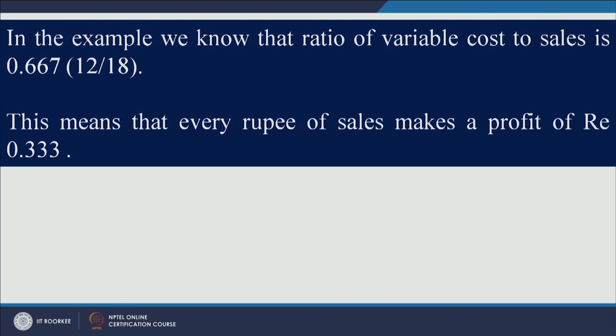This is the ratio of cost to sales. In other words, for every rupee of sales we make a profit of 0.33. So, when you sell a product of 100 rupees, you would be making 33 rupees profit. That is the meaning of this ratio.